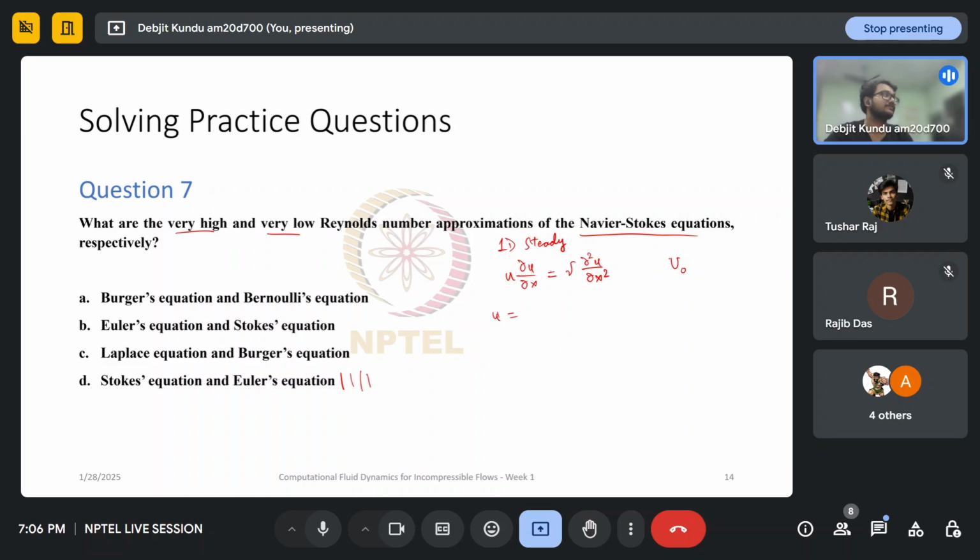Let's say the velocity scale is U0 and the length scale is L. So I'll now non-dimensionalize u as u* equal to u over U0, and x* as x over L. If I now perform this non-dimensionalization, then what I'll get is u* ∂u*/∂x* equal to 1 over Reynolds number into ∂²u*/∂x*².